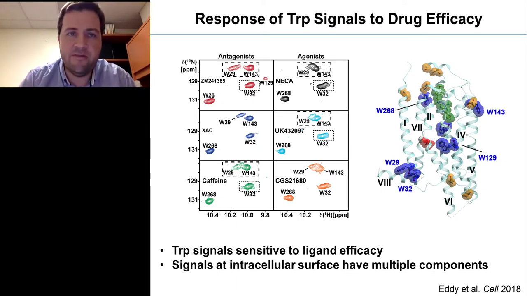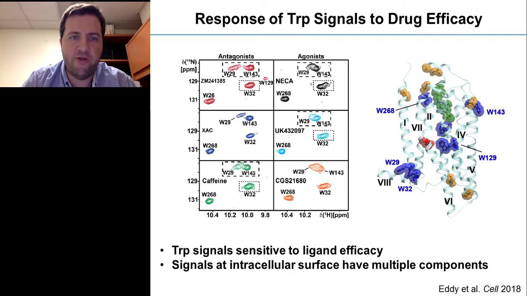Now that we have assigned and identified these signals, we can start to ask how the NMR signals respond to changes in drug efficacy. On this slide, on the left, we have panels from two-dimensional TROSY NMR experiments in which each panel focuses on the indole tryptophan region of the spectrum for 6 different complexes.